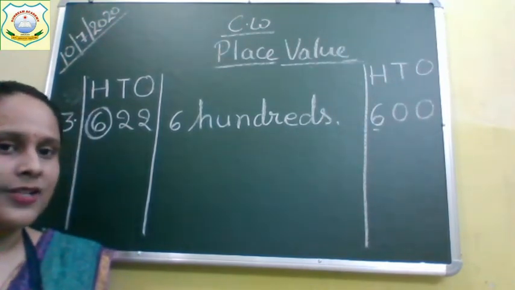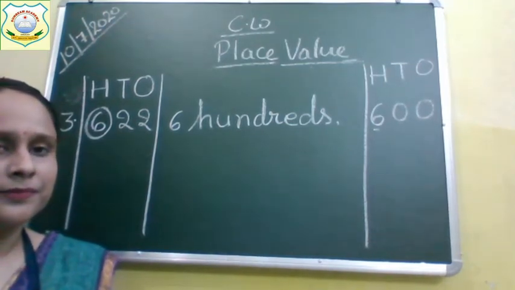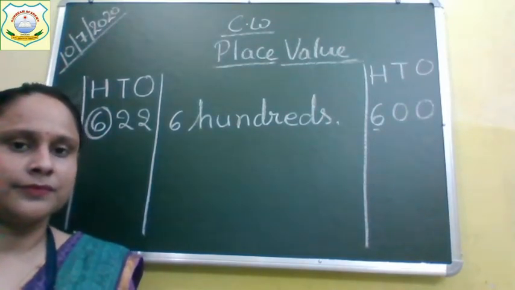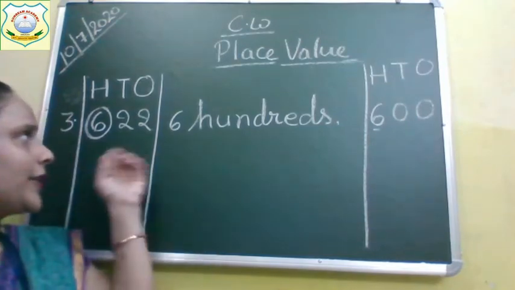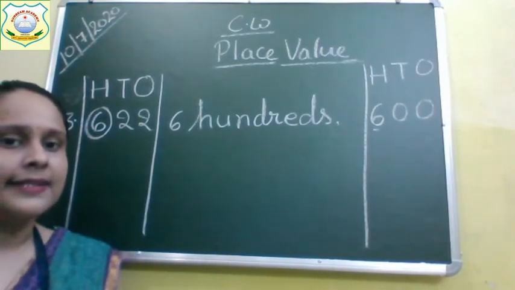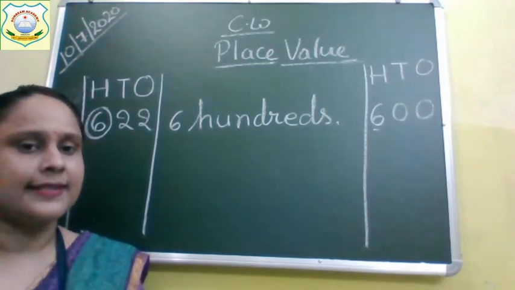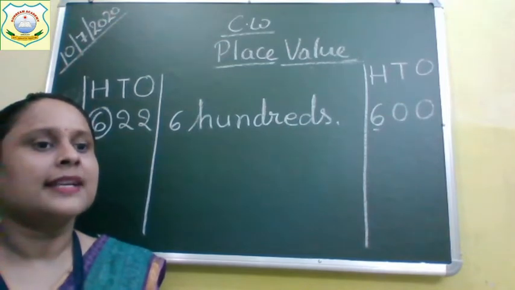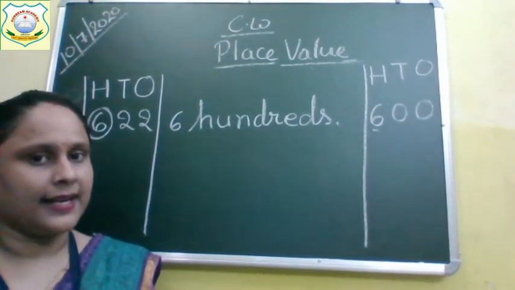Written up to here, children. Now note down question number 3 in your notebook. Now read this number: 622. 6 is in the hundreds place. So the place value of 6 is 6 hundreds or 600.